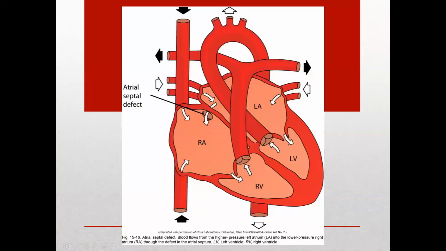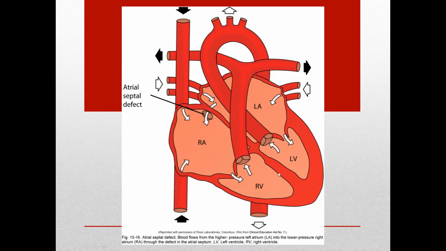So here it's showing it as a circle, but the foraminal valve is a flap, and when the high pressures in the left atrium push on the foraminal valve, the flap just closes this opening, and eventually it becomes part of the wall. But if the flap didn't develop correctly, when it closes, there's still blood able to flow from the left atrium back to the right atrium.